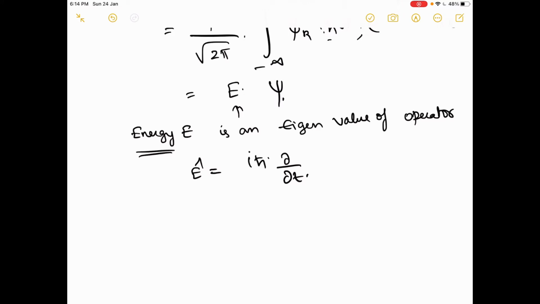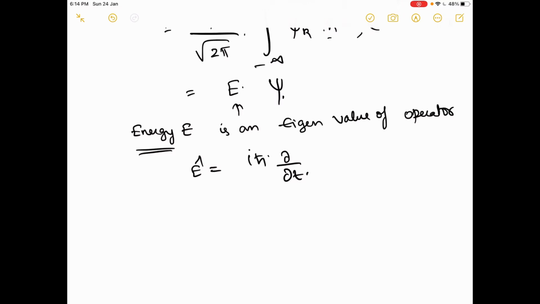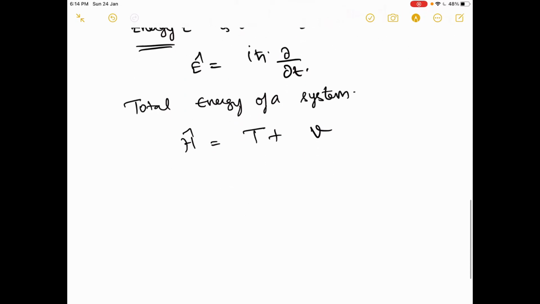Obviously, if E is the energy, we previously saw what the total energy of a system is. That is described by the Hamiltonian, right? And which contains two parts, T being the kinetic part and V being the potential part.